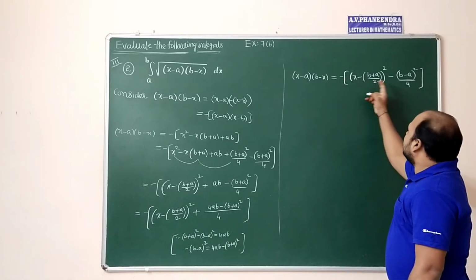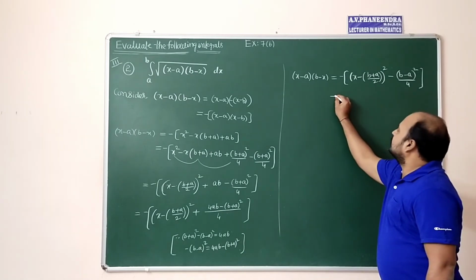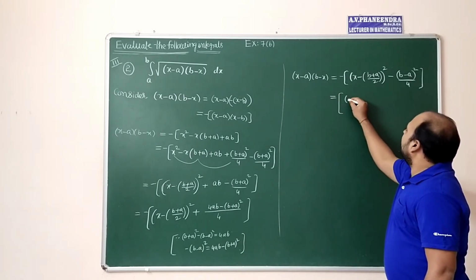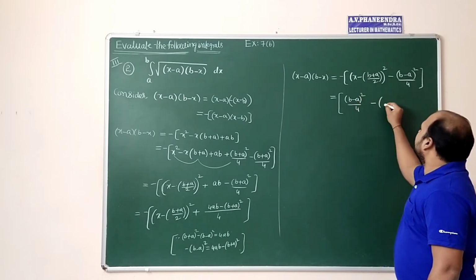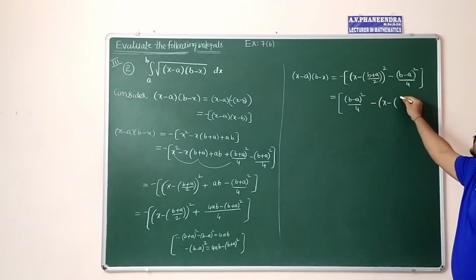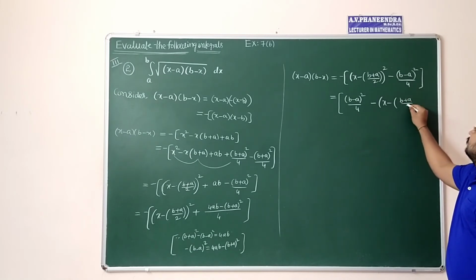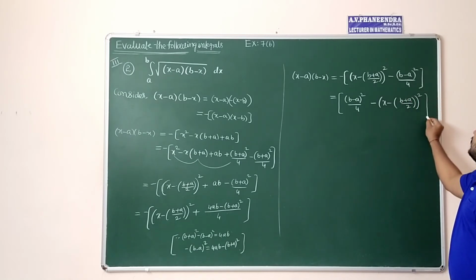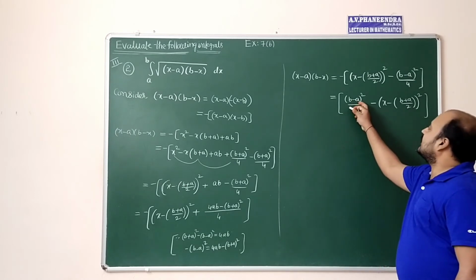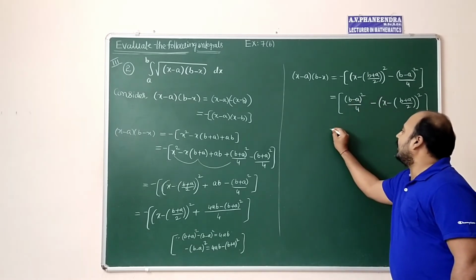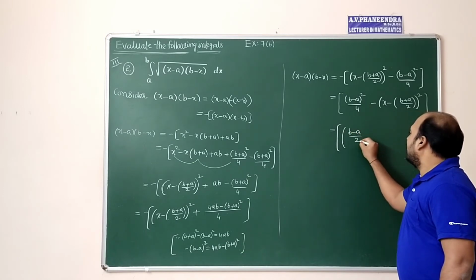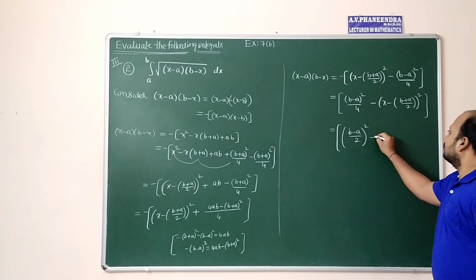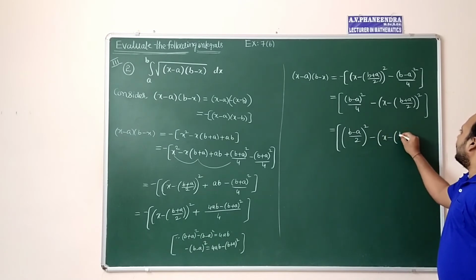Multiply with minus each and every term of this bracket, it becomes first (b minus a) whole square by 4 minus (x minus (b plus a)/2) whole square. In the very next step, (b minus a) whole square by 4 can be written as ((b minus a)/2) whole square minus (x minus (b plus a)/2) whole square.